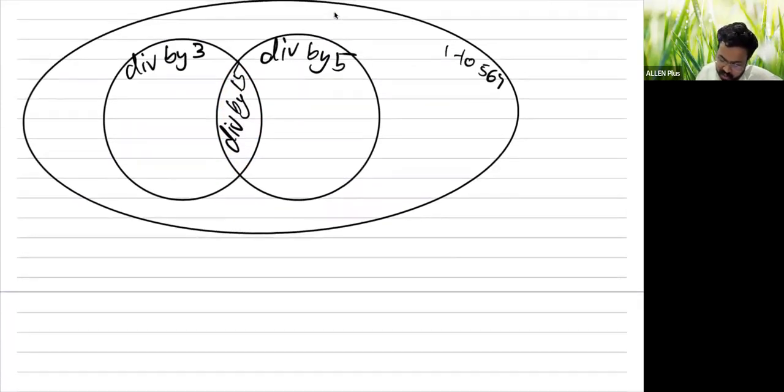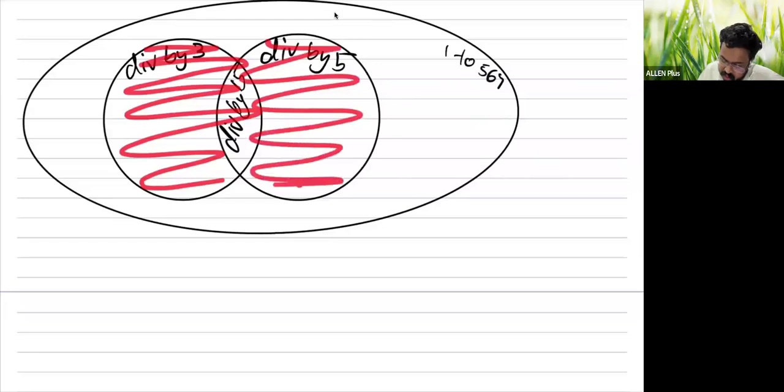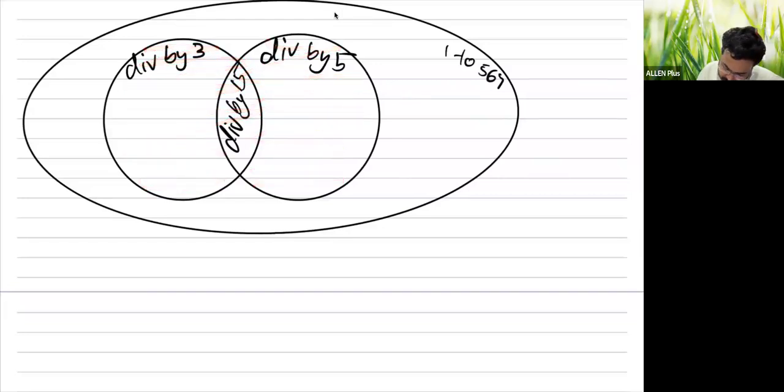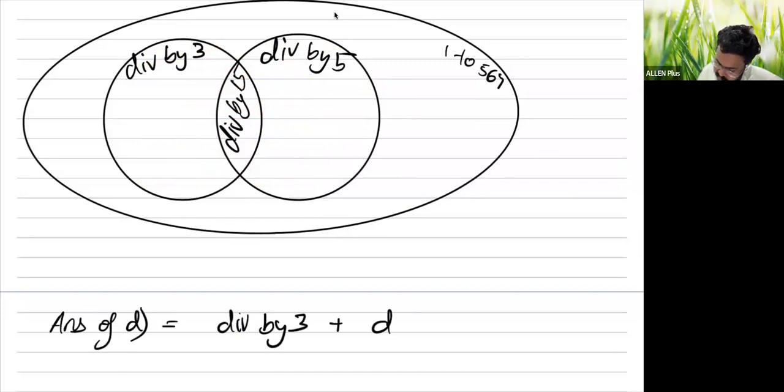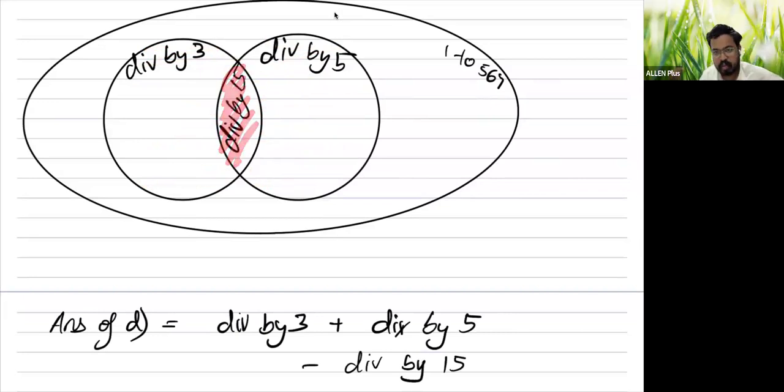So the way to actually find the entire contents of both of these regions combined, the answer to D, is divisible by 3 plus divisible by 5 minus divisible by 15, or the contents of this overlap region, which you will remove once.